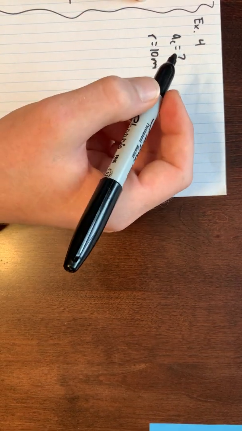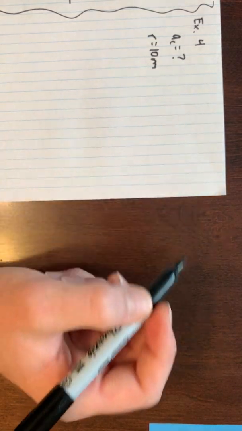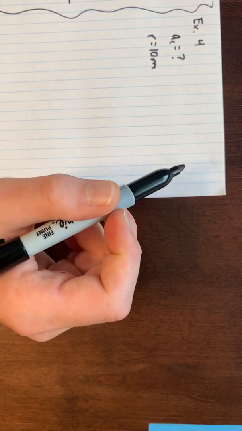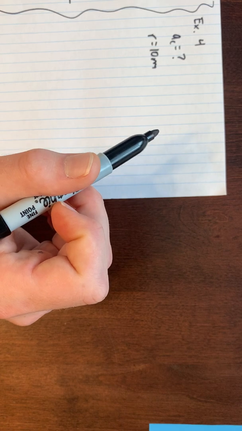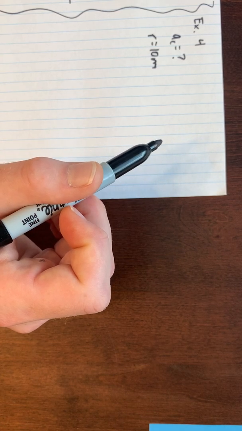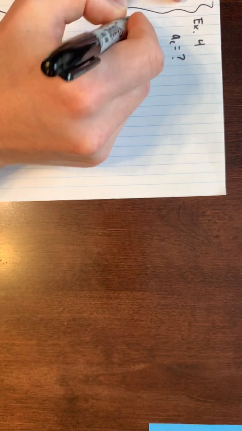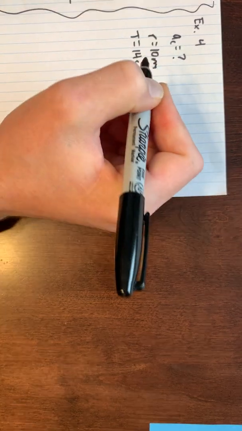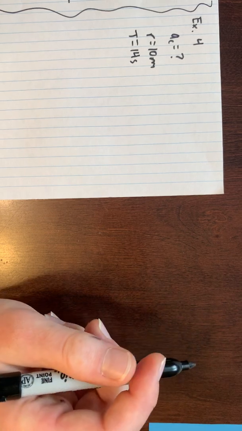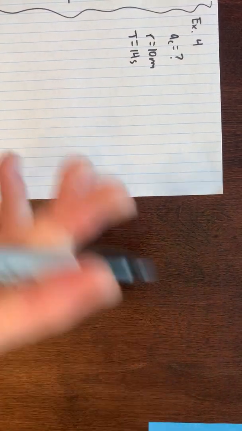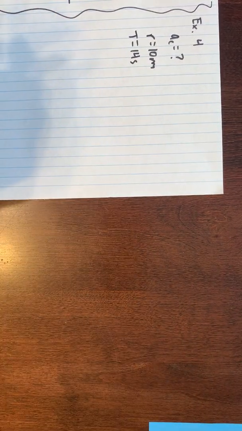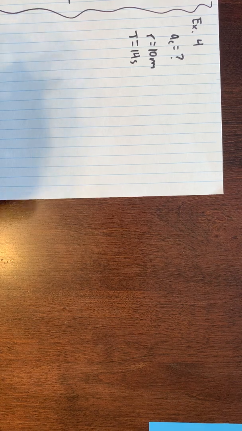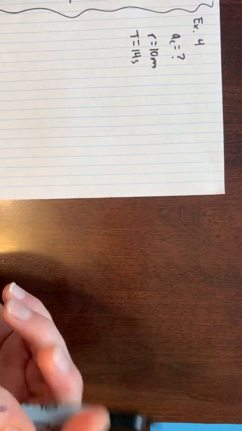And it does this every 14 seconds. So what is that going to be? Period. Yes, perfect. T is equal to 14 seconds because remember, the period is the amount of time required for an object to rotate one time, right? So if that horse is able to go around that circular track every 14 seconds, that is indeed the period.